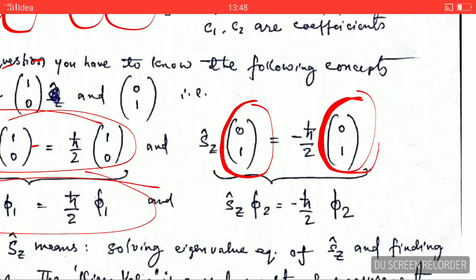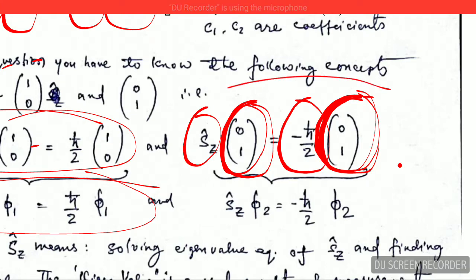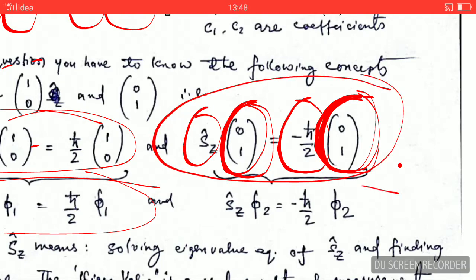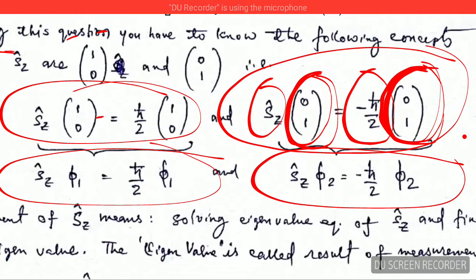So if you operate Sz on this eigenfunction, then you will again get back your eigenfunction, and the eigenvalue for this eigenfunction is minus h naught over 2. So as a whole I can write this equation like this with the help of phi 2.